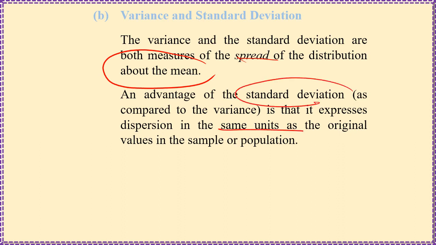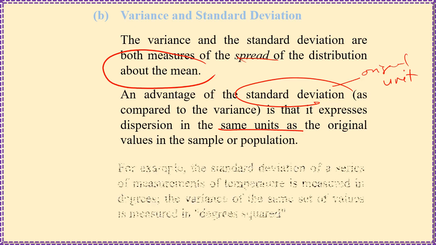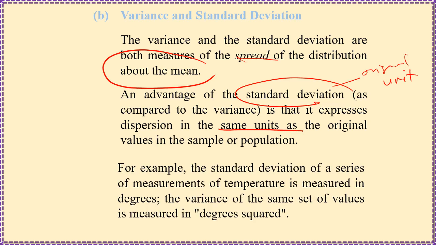So standard deviation gives the original unit, because the variance will be in square units. For example, the standard deviation of a series of temperature measurements is measured in degrees. The variance of the same set of values is measured in degrees squared.